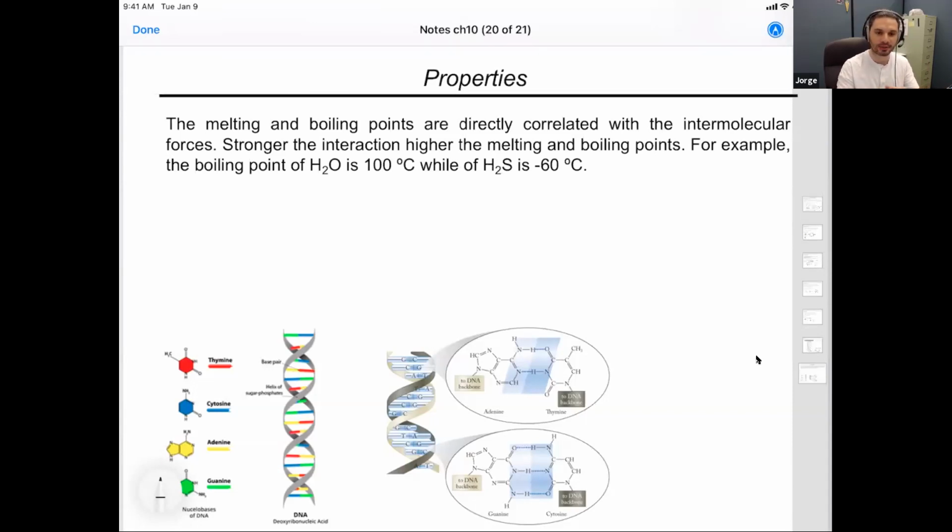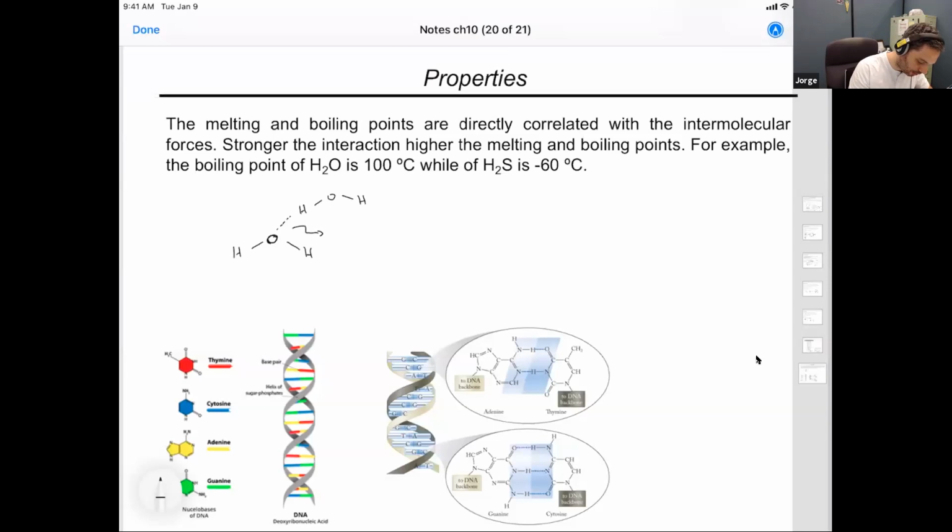So let's analyze the intermolecular interactions in the two molecules. The higher the interaction, the higher the boiling point. For water, as I showed you, we have oxygen bonded to hydrogen, so that creates a very strong polarization. And this oxygen will interact with the hydrogen of a neighbor molecule.